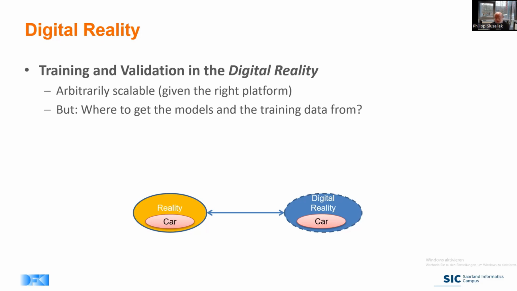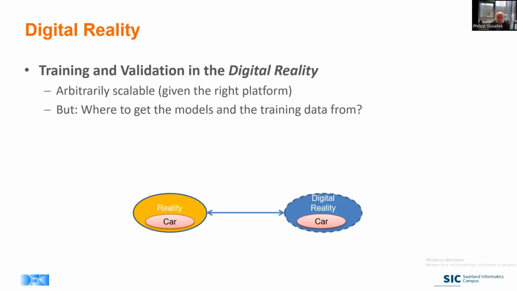Actually, the first paper that was published in this area was using a car racing game, GTA 5, and grabbed the screen to use that as training data. And while these games look really good for gaming, I think we can all argue that they are not very realistic, compared to images you take with a camera outside while you're driving.